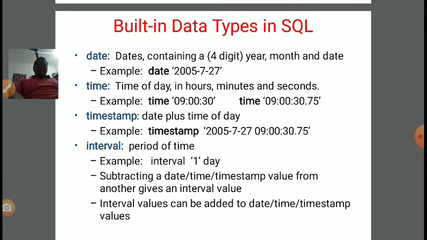Then how to write this? 09 is for hours, 00 is for minutes and 30 for seconds, right? And all of this needs to be written in single quotes. Similarly, one more time is written here. We can write it in fractions also, like 09 is for hours, 00 is for minutes and 30.75 is for seconds.